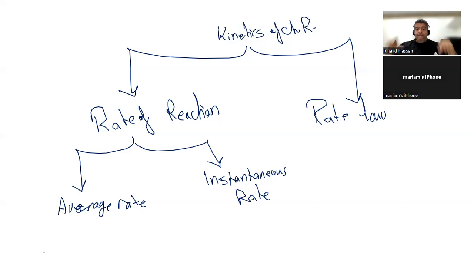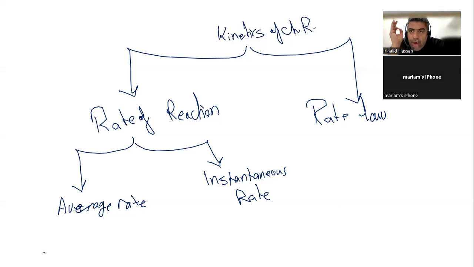This is between brackets. So the average rate is: tell me the distance you covered divided by the time. Whether it increased or decreased, it will give me the average. This is what we are making: the change in concentration divided by time. What is the instantaneous rate? Hello, how are you? Now tell me what is your speed at this moment. It's instantaneous, at the instant, at this moment.